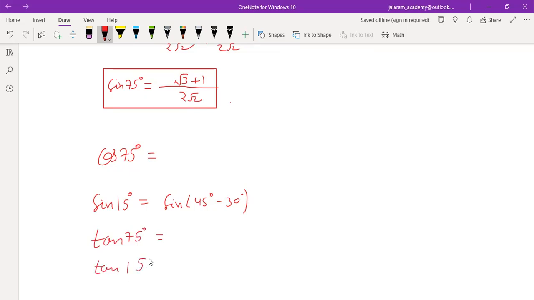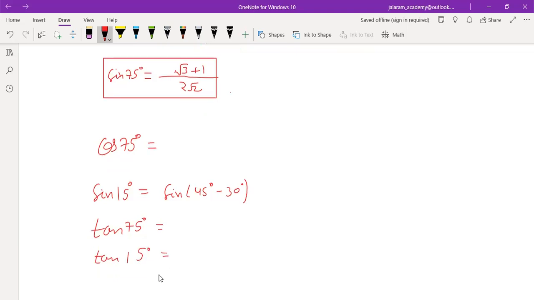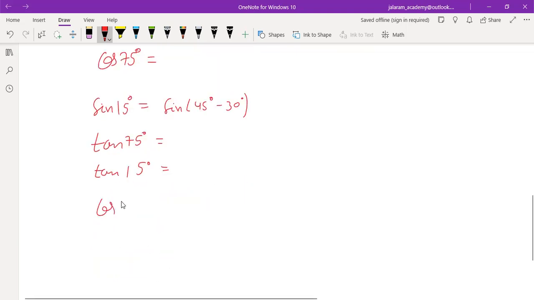Tan 15 degree by writing 45 degree minus 30 degree. Cos 105 degree, 45 degree plus 60 degree. Sine 135 we know. So sine 165 degree, you can find this also.